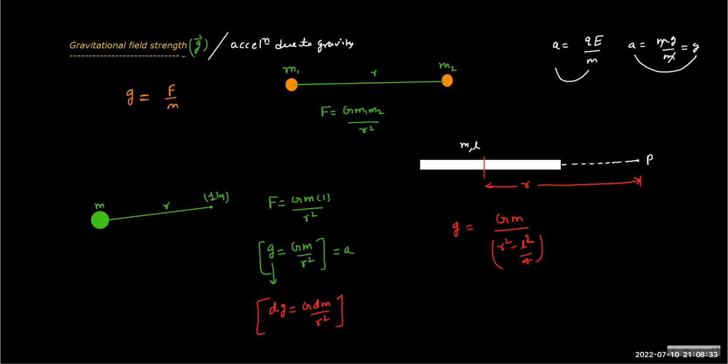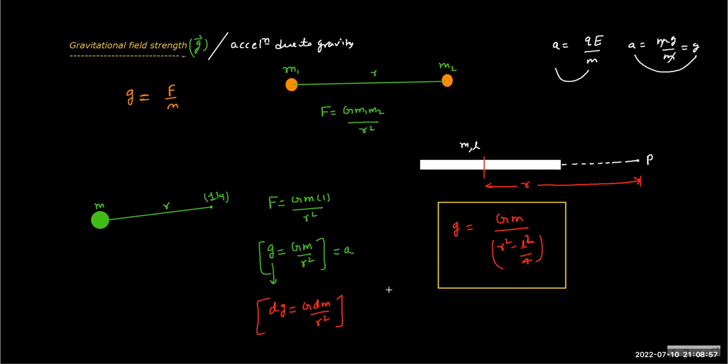So you can see the correlation in definition, and that is why we should learn both things in a similar fashion. 90% of the derivation will match. Where it will not match, I'll tell you. It will not match because we don't have the positive and negative mass concept, right?